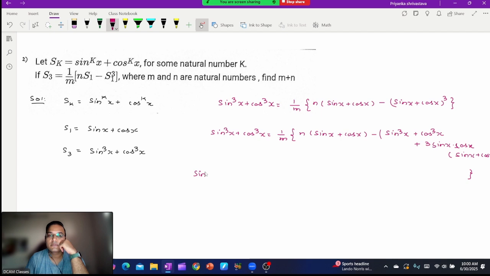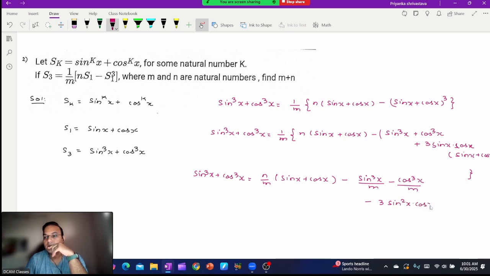Now this becomes sine cube x plus cos cube x is equal to n by m into (sin x plus cos x) minus sine cube x by m minus cos cube x by m, minus 3 sine square x cos x by m minus 3 sin x cos square x by m.